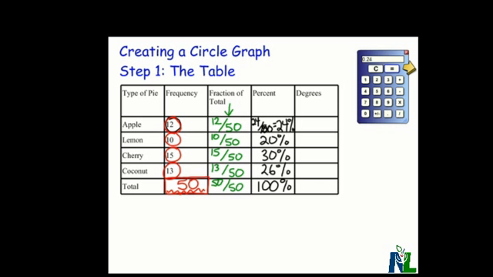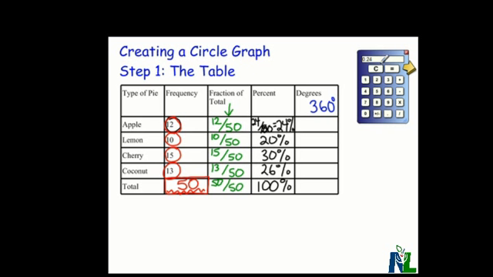Now, degrees is the next important part, and we have to remember that in a circle graph, a full turn is represented by the sectors, and it's 360 degrees. So we have apple, lemon, cherry, and coconut.